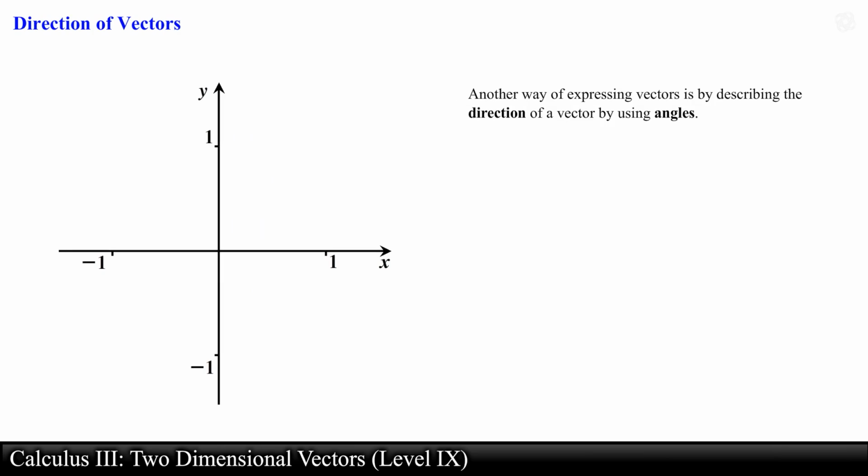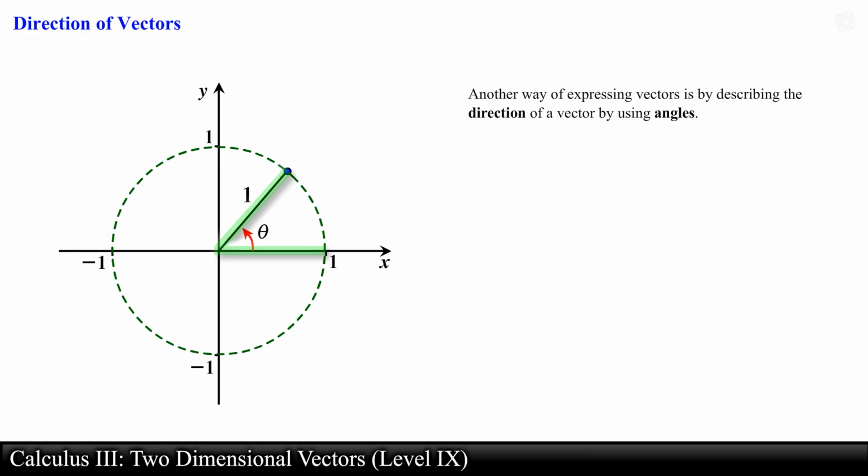Another way of expressing vectors is by describing the direction of a vector by using angles. Recall from trigonometry that a unit circle was used to define trigonometric functions. The unit circle has a radius equal to 1. We also defined an angle theta in standard position as an angle that started in the positive x-axis and rotated counterclockwise, intersecting a point x, y of the unit circle.